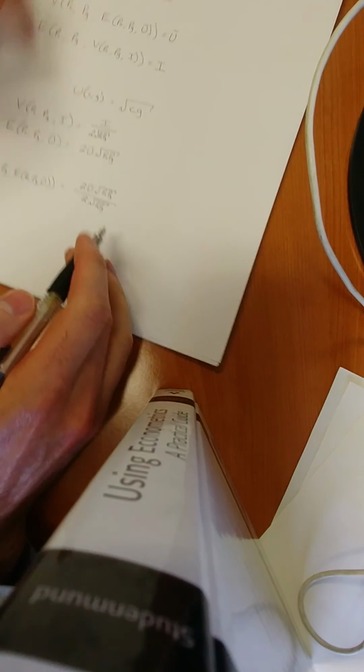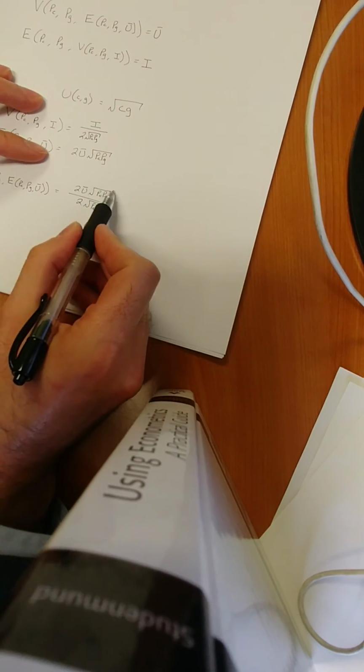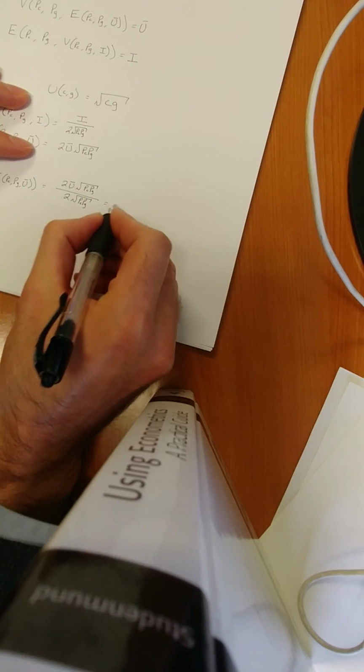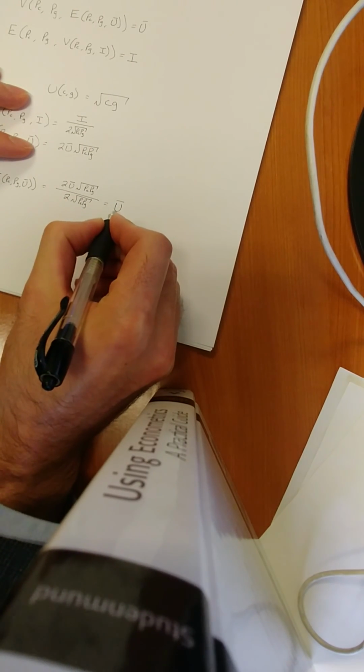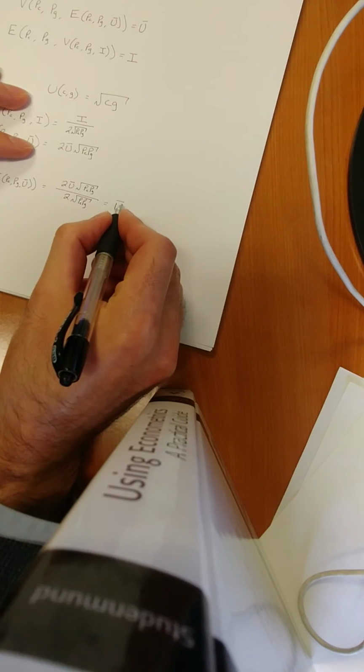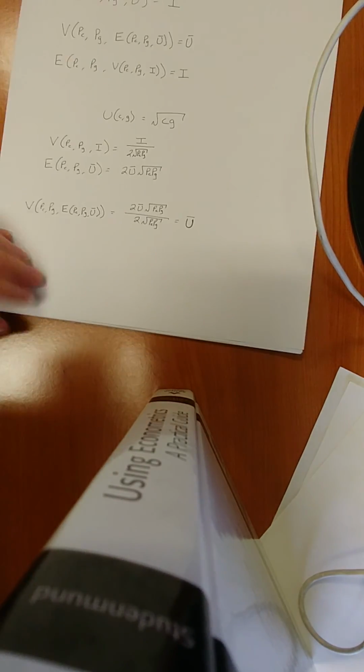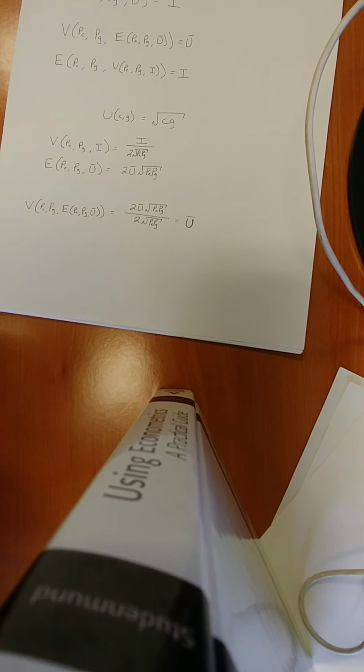All right, I write that, and then I notice the 2s cancel out, the square root of PC PG cancels out, and U equals this, or it equals U bar. Okay, I'll leave the other one for you to show. All right, thank you.